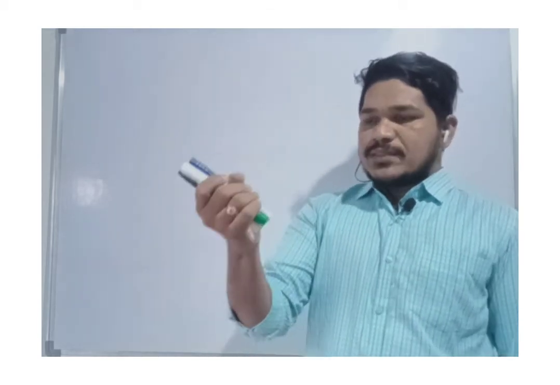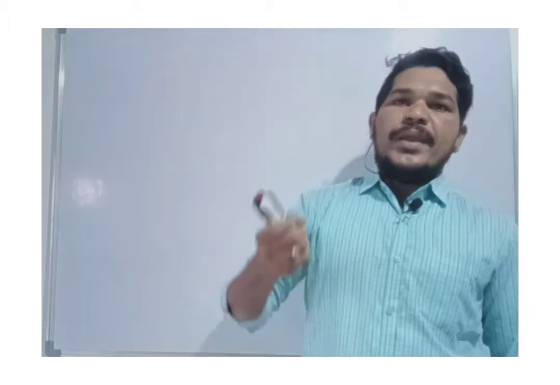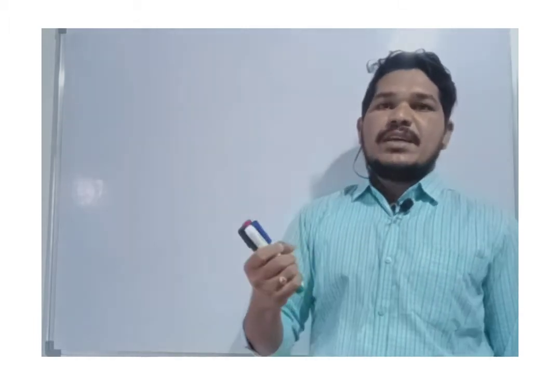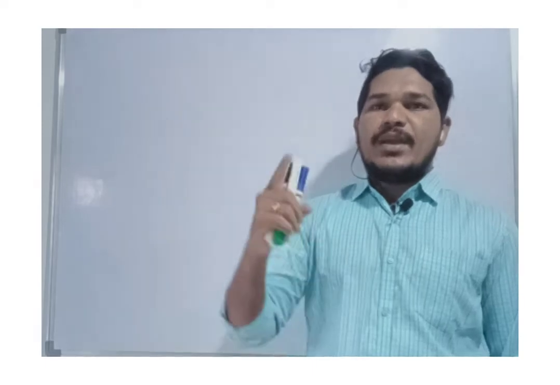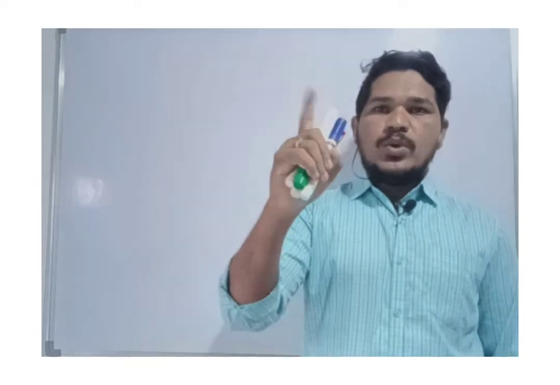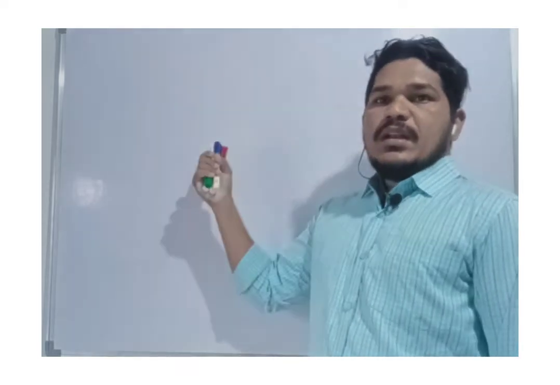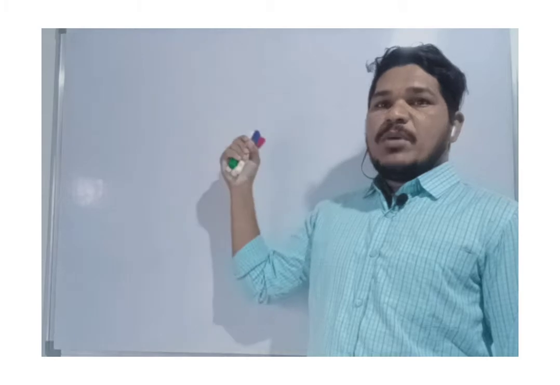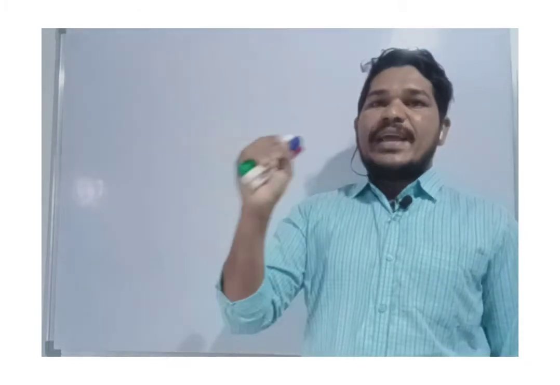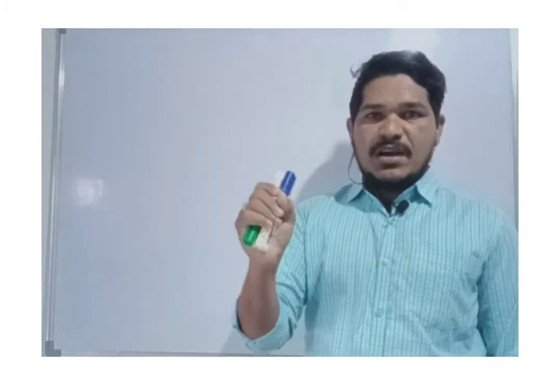In this Calvin cycle, how many NADPH and how many ATP molecules are required for the synthesis of one glucose molecule? Now I am going to talk about the energetics of the Calvin cycle.